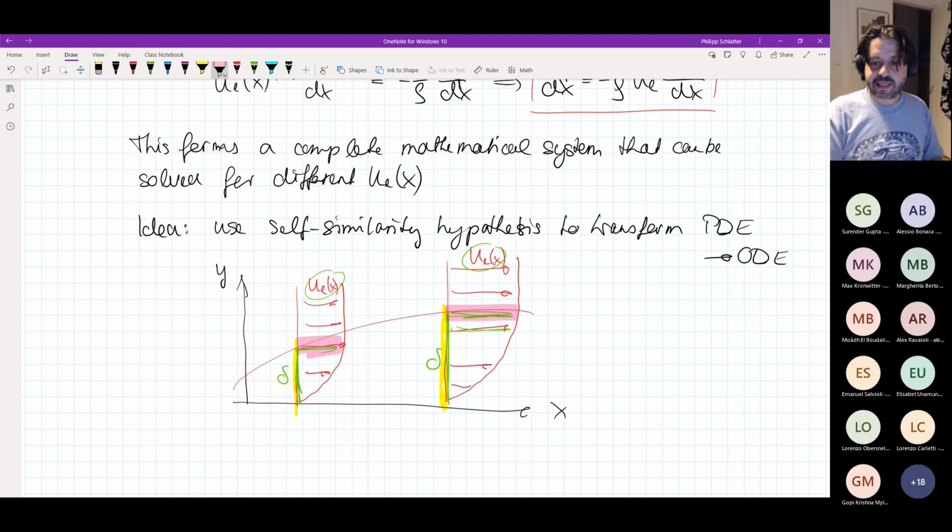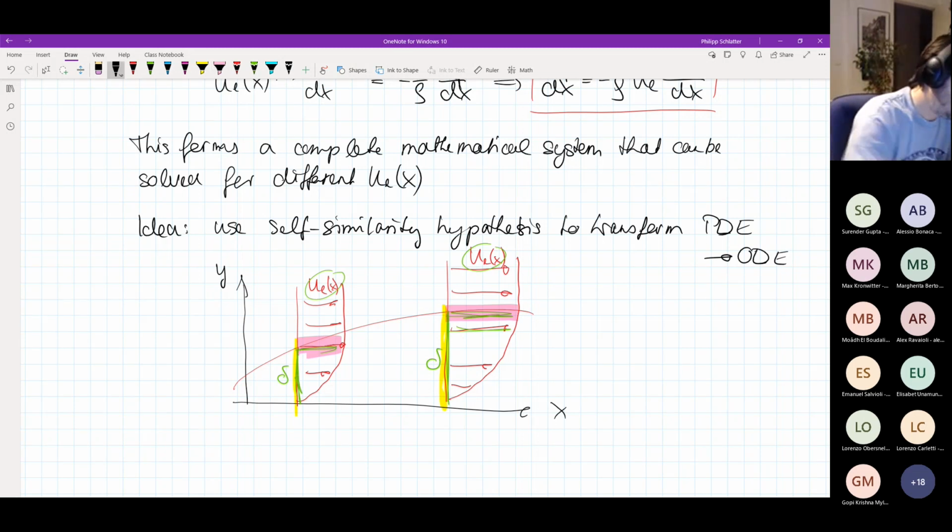But at least this was the idea that people had at the turn of the century, after 1904, and within a few years, I think it was 4 years of the formulation of the boundary layer equation, they also came up with the first solution of the actual boundary layer equations.